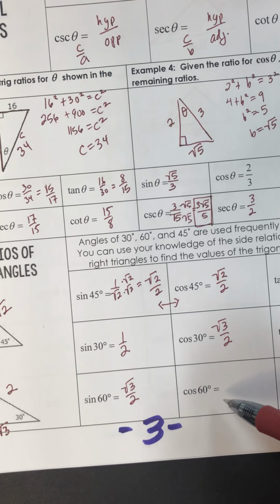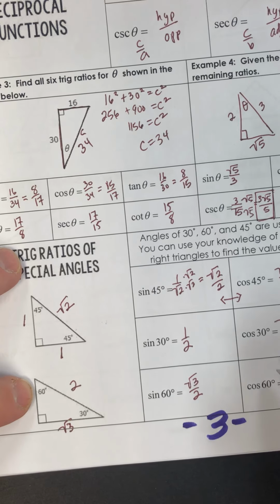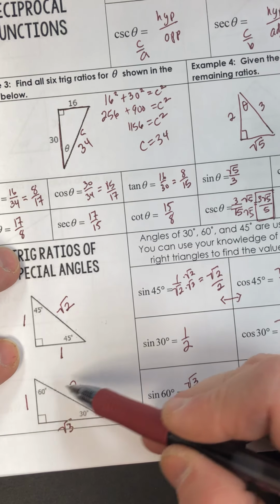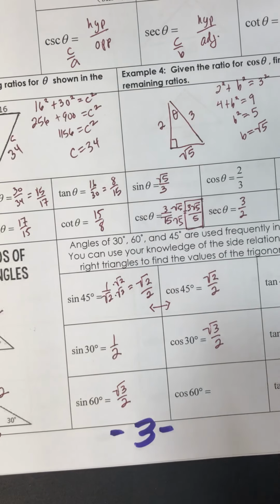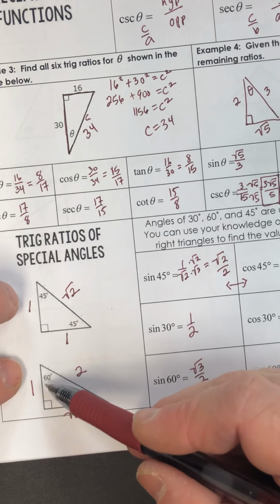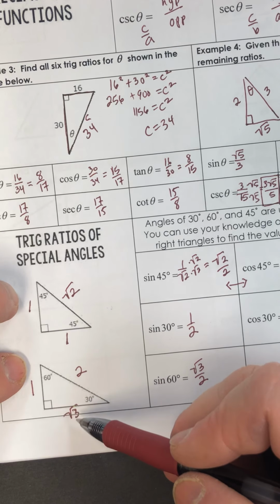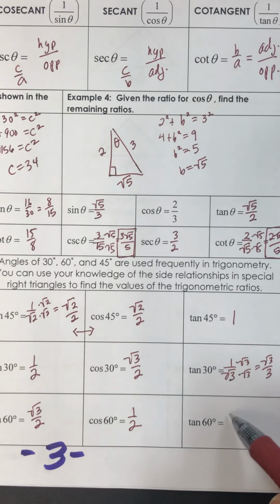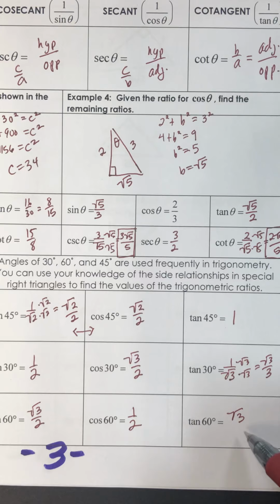Cosine of 60, so you go from the 60-degree angle. Cosine is going to be adjacent over hypotenuse, so 1 over 2. And then the tangent of 60 is going to be opposite over adjacent, so square root of 3 over 1. So that's just going to be square root of 3.